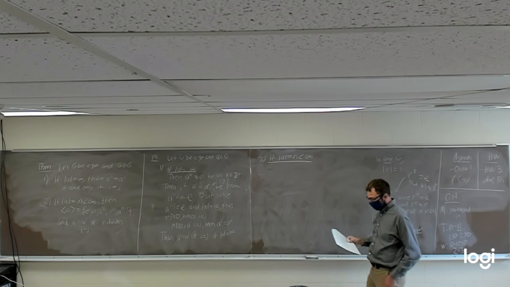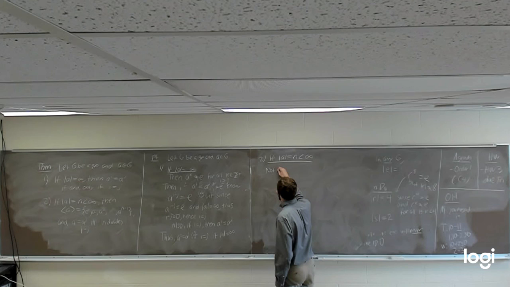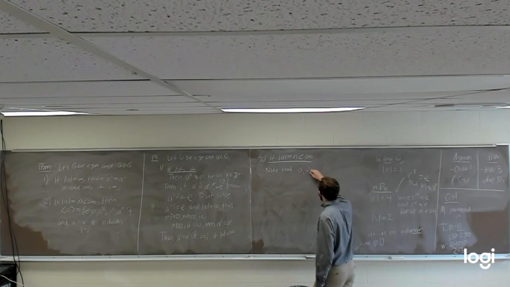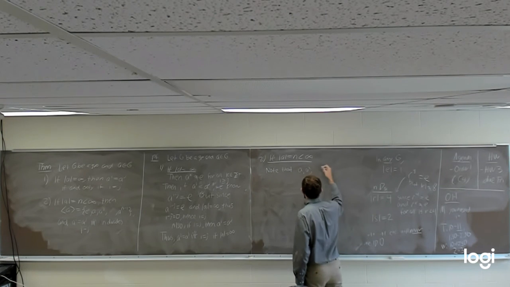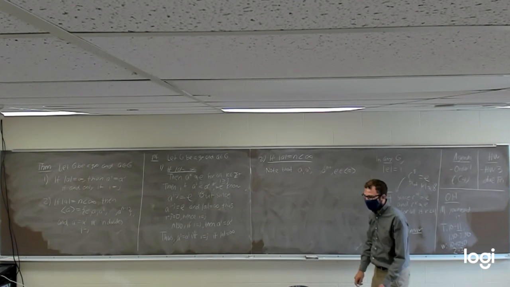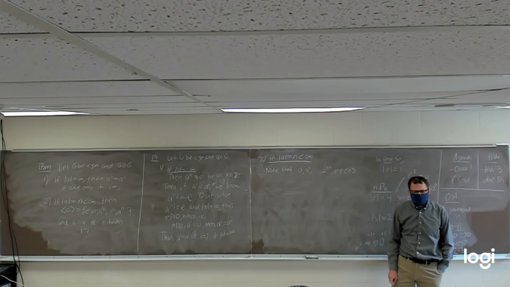So if a has finite order, I claim that a squared, etc., a to the n minus 1, and e all have to be elements in the group generated by a. Why is that?